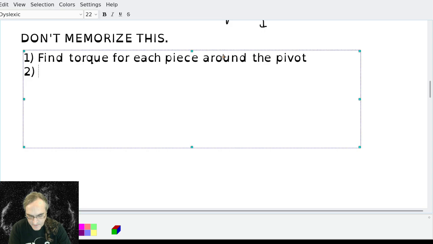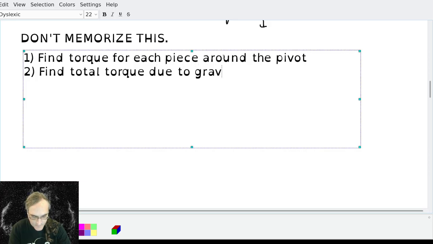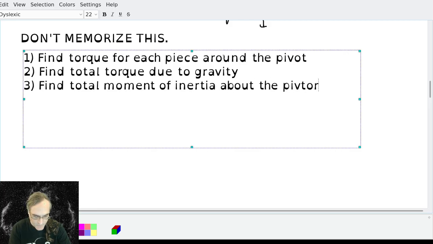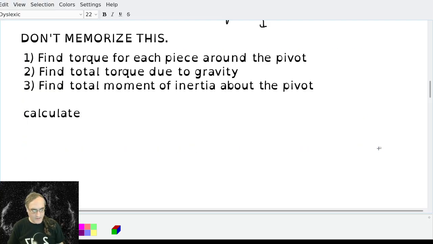Then you want to find the total torque due to gravity. Find the total moment of inertia about the pivot. And then calculate your result.